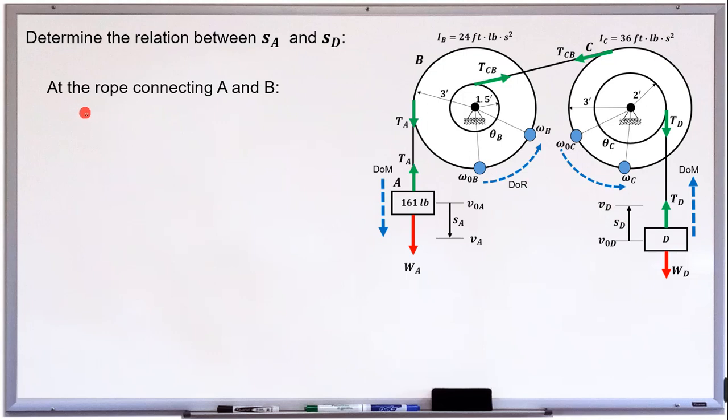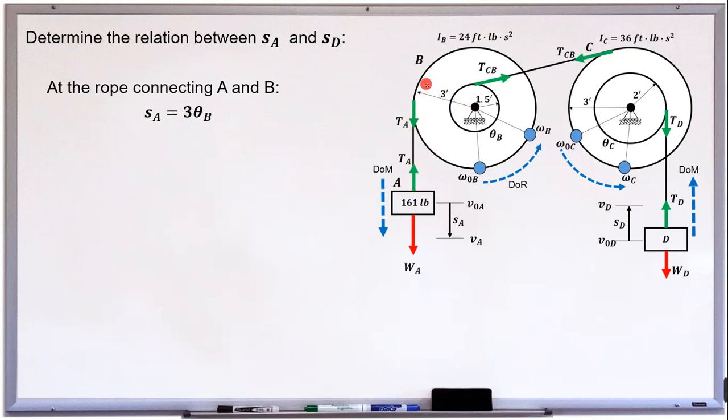Now let's start with the linear displacement that exists at the rope connecting A and B. So what I mean is this one. For the rope connecting A and B, the displacement of A can also be quantified as the product of the radius that connects this rope from A to B. That is 3 feet.